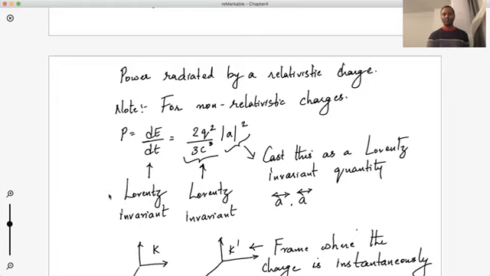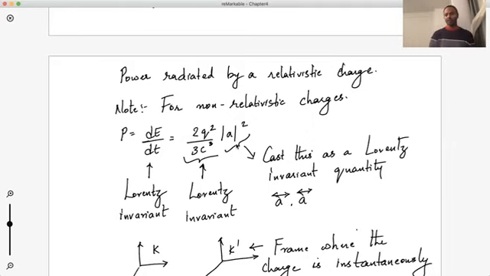On the left-hand side, you have a Lorentz invariant quantity, which means the right-hand side should also be a Lorentz invariant quantity. So if we can somehow write this a squared in a form that doesn't violate the non-relativistic limit, but in a general way is Lorentz invariant, then we are done.